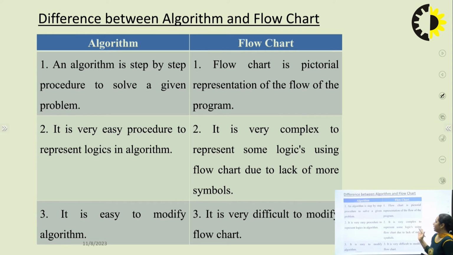Next, an algorithm is a very easy procedure which represents logic. But as compared to a flowchart, logic is a little bit difficult to draw, as we have a very limited number of symbols plus the flow of data.